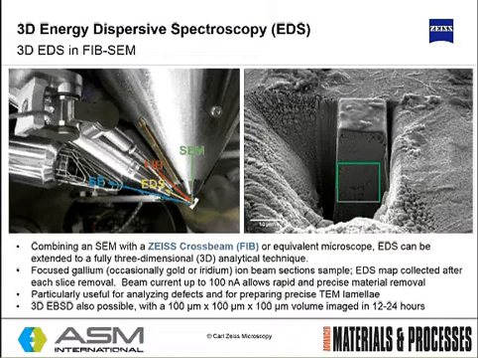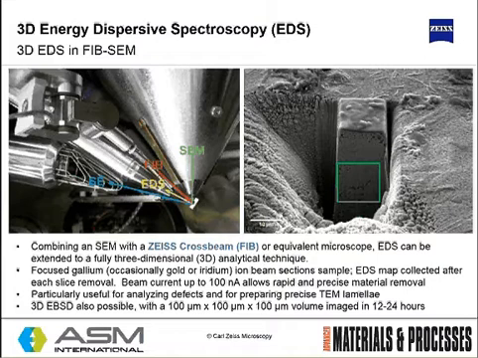So to go back to this 3D EDS idea, this is a different sample, a metal sample. Combining the SEM with a cross beam, a second beam, there are other equivalent microscopes. EDS is then a fully three-dimensional analytical technique. The focused gallium beam, or it can be a gold or iridium beam, is used to section the sample, and then the EDS map is collected after each slice removal.